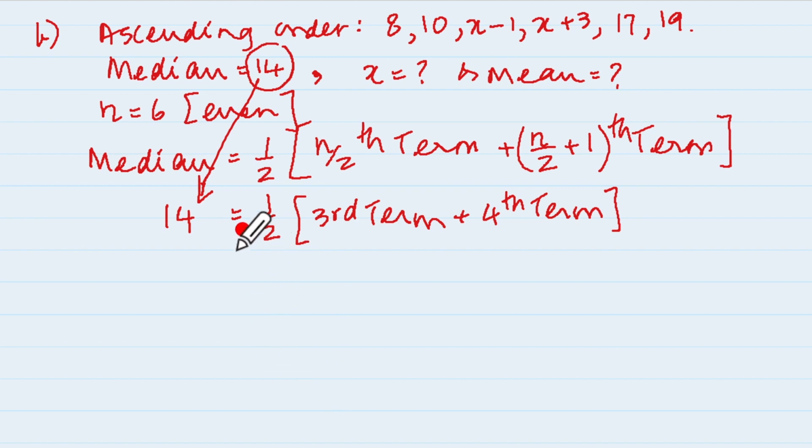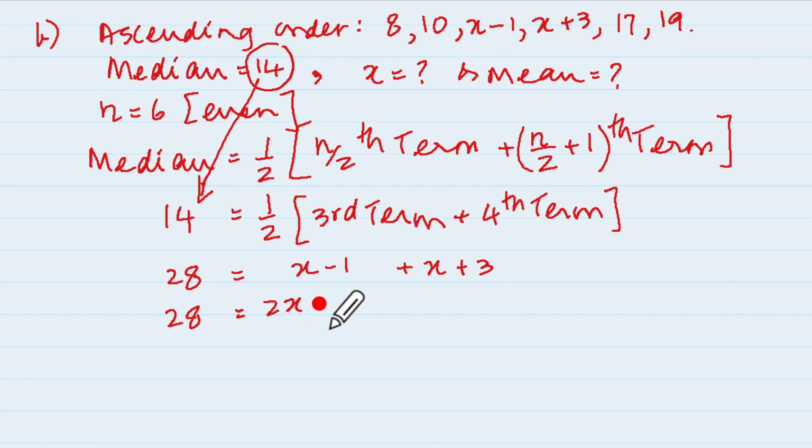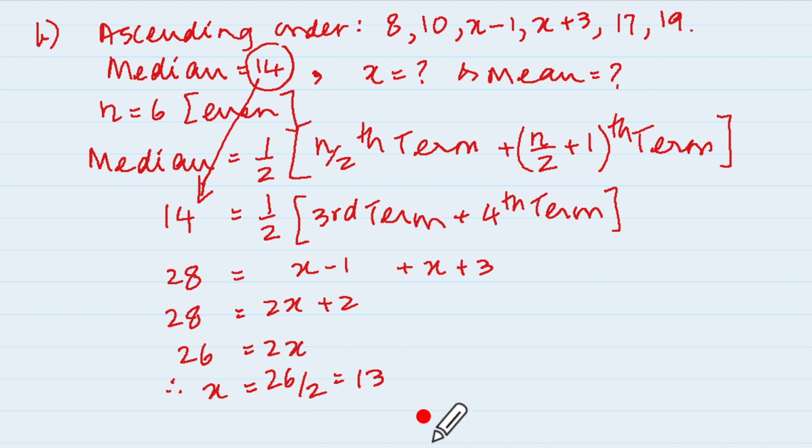Yes. Now let's multiply this. So 28 is equal to, which is the third term, 1, 2, 3 is x minus 1 plus fourth term is, getting it? So 28 is equal to 2x plus 2, correct? So you will have 26 equal to 2x, and therefore our x will be equal to 26 upon 2, which is how much? 13.